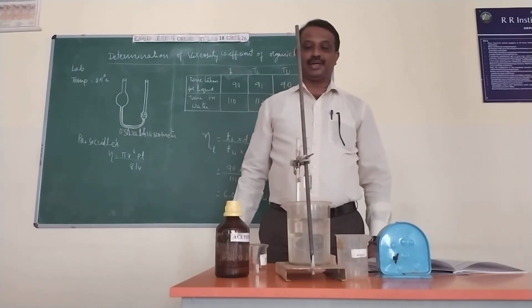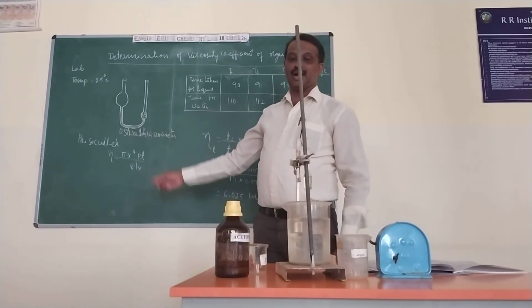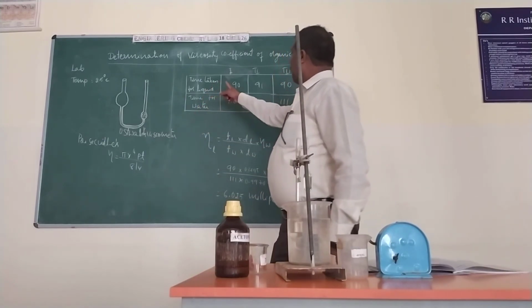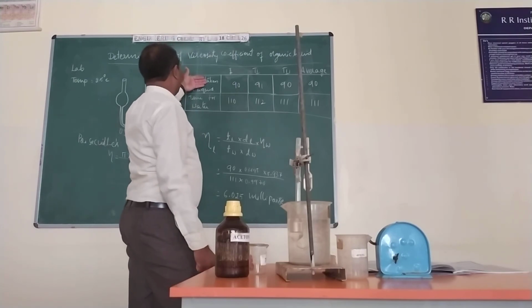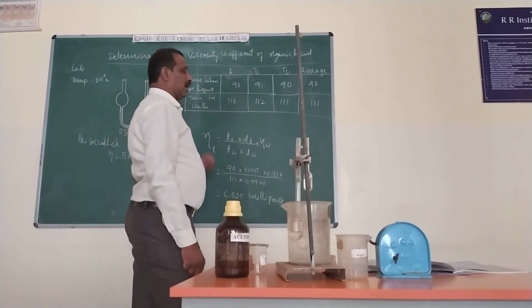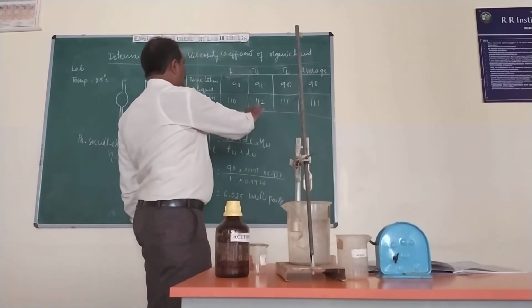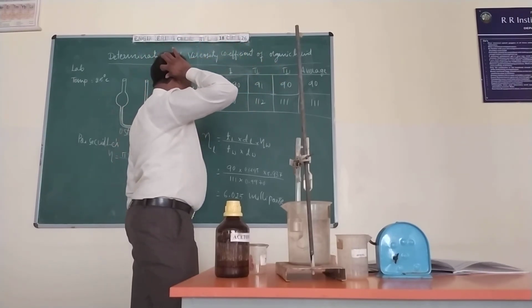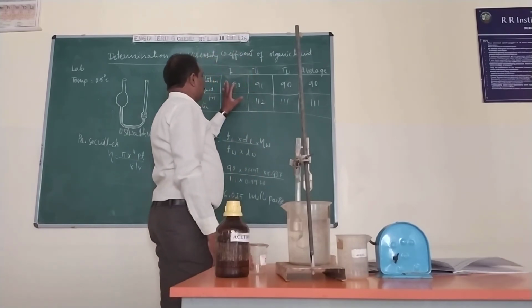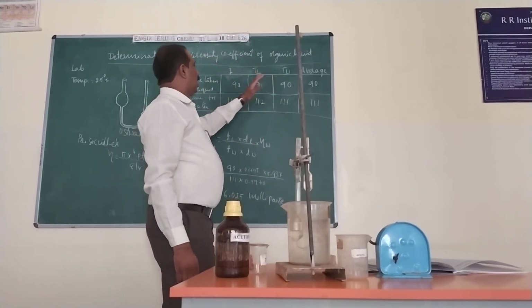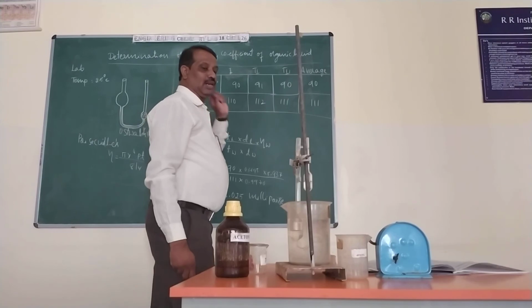At that time, we have written this tabular column on this board. One is time taken for liquid, another one is time taken for water, with 3 columns, 2 rows. That is how much time is taken for water and how much time is taken for liquid.